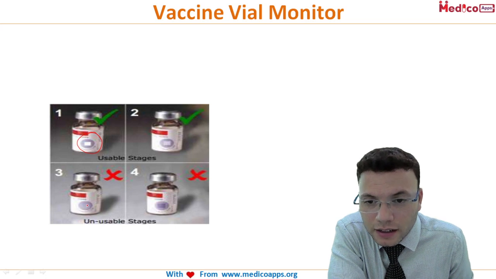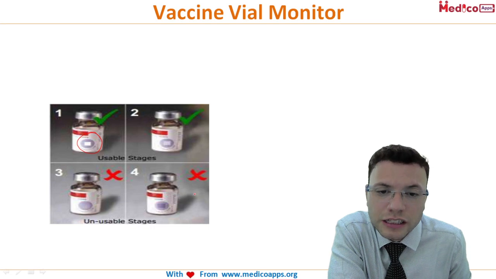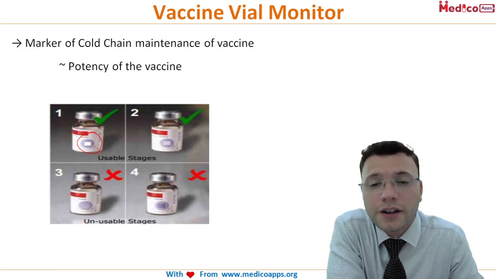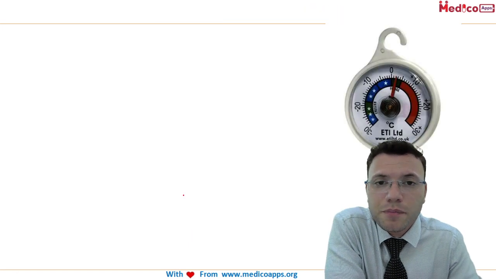But when the color becomes purple or equal to the outer circle, it cannot be used. That's the third stage. And when the square becomes darker than the circle, it's the fourth stage. It cannot be used at this stage.